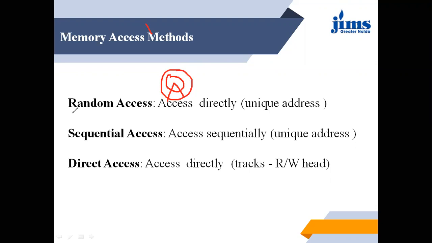So the memory access methods are random, sequential, and direct. These are the three access methods by which we can access the memory.